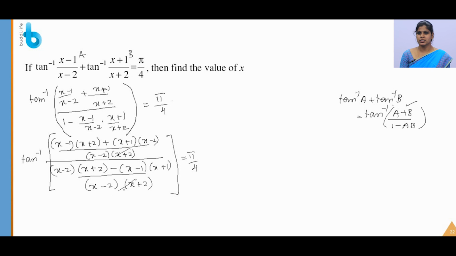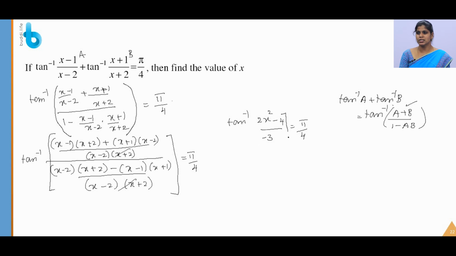Both the denominators are same, so we can cancel this, and on just simplifying this, we'll have tan inverse of (2x square minus 4) divided by minus 3 equal to pi by 4.